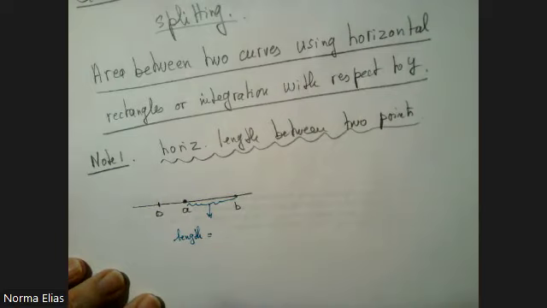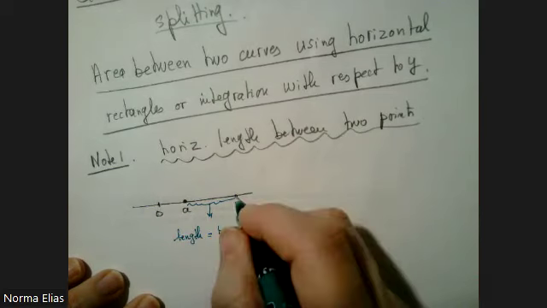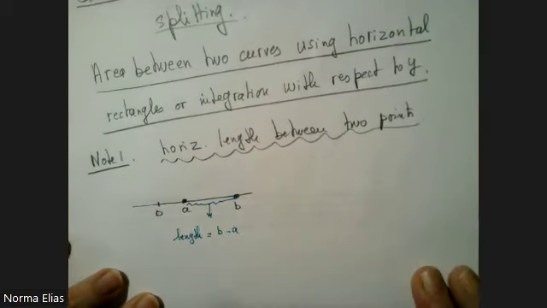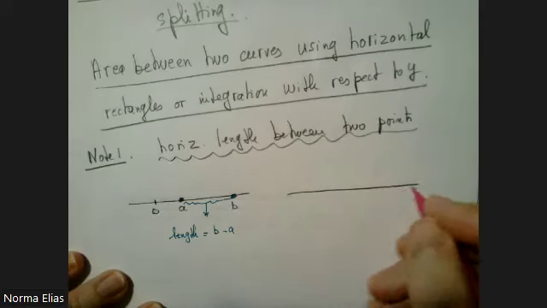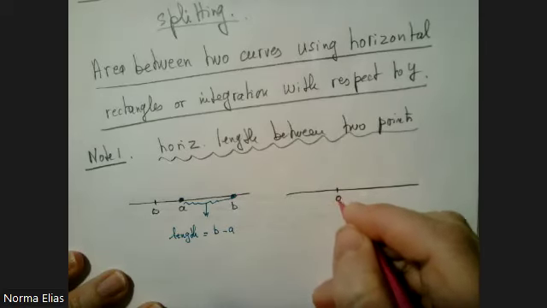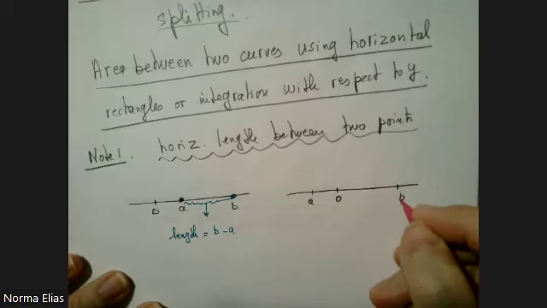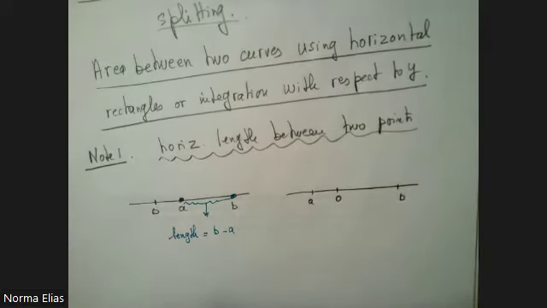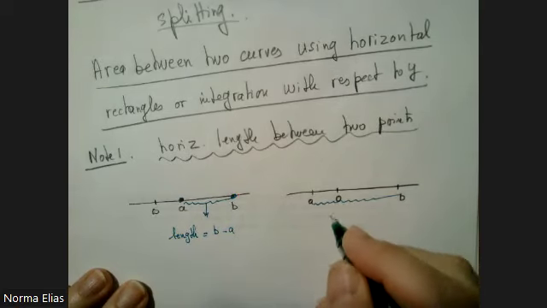I'm reading chat, B minus A. The right value minus the left value. Now suppose I put 0 in between. I'm going to put A here and B here. Again, my question is, what's the length from here to here?